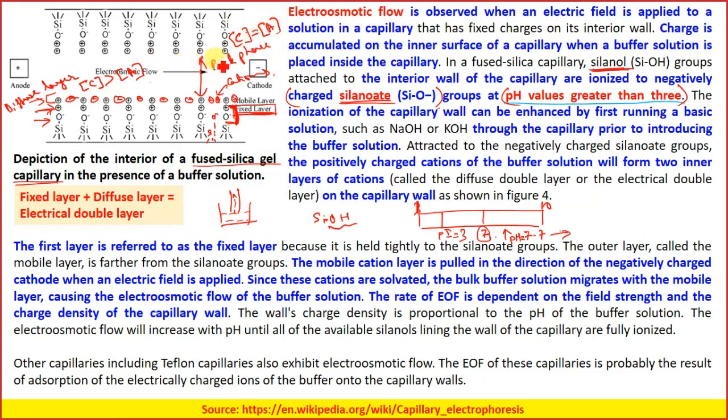Then you will have another diffuse layer, since the capillary is circular in nature, you'll have another diffuse layer, another fixed layer, and the capillary wall.